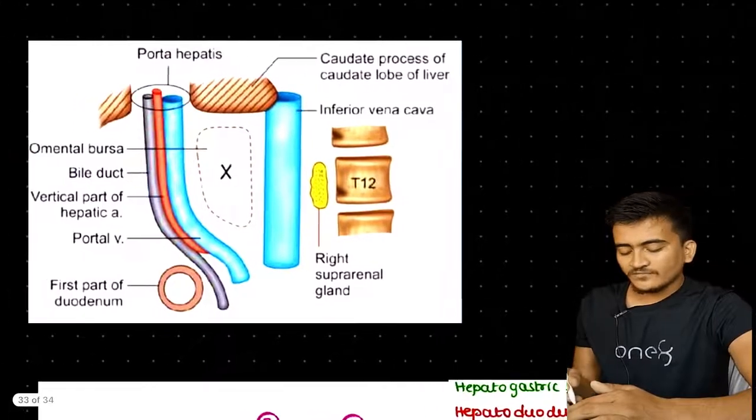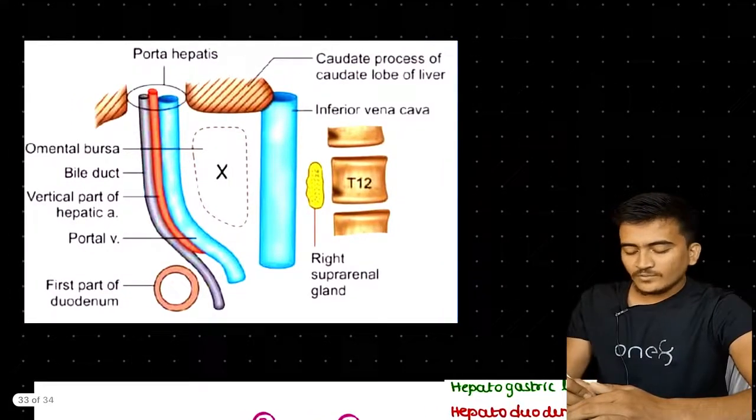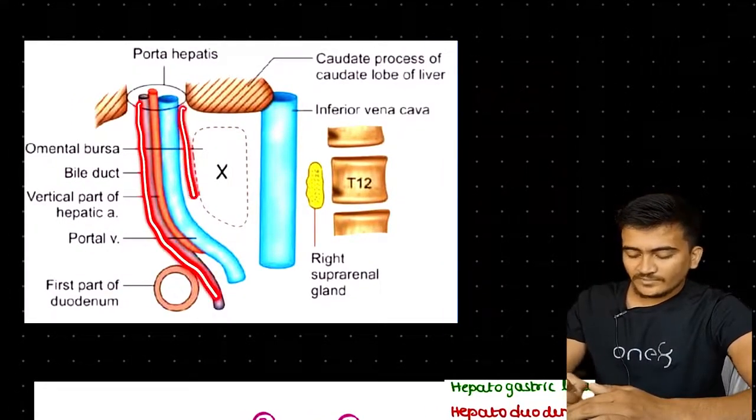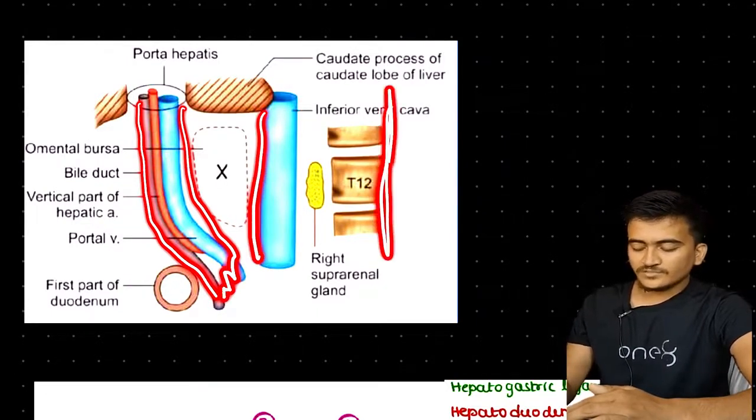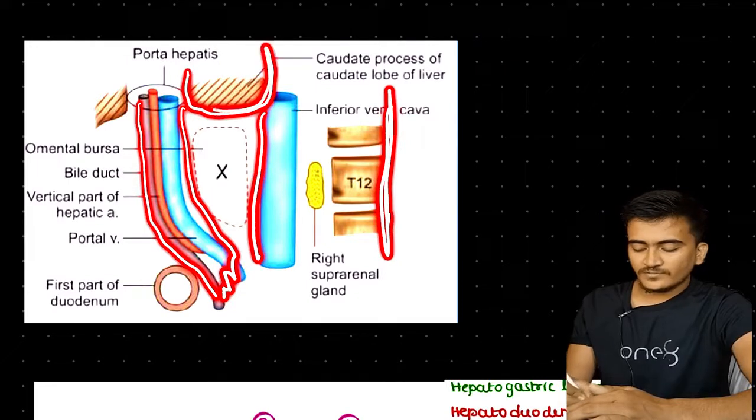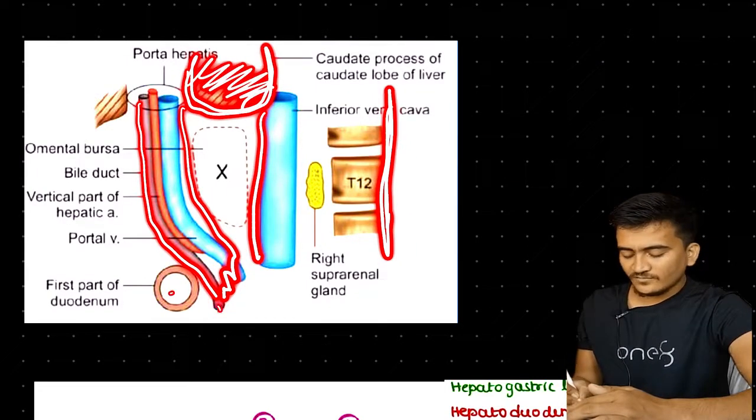We are looking at the boundaries of the epiploic foramen of Winslow. This is our anterior boundary. This is our posterior boundary. This is our superior boundary. This is our inferior boundary.